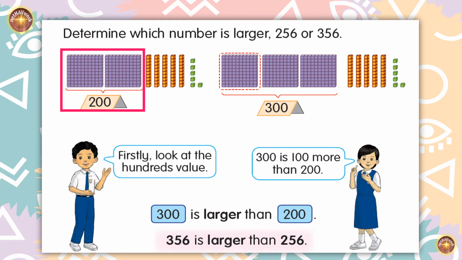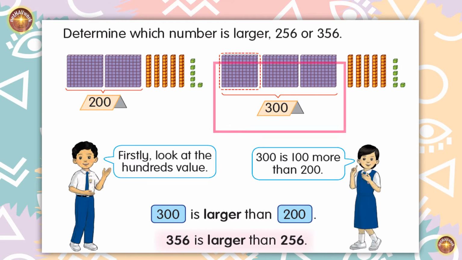First, you will see 200 blocks. And you will see 10 rows of blocks. Let's count 1, 2, 3, 4, 5. And last one, block pieces. We have 1, 2, 3, 4, 5, 6.